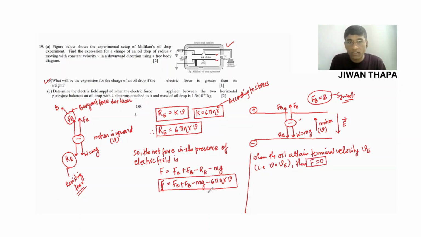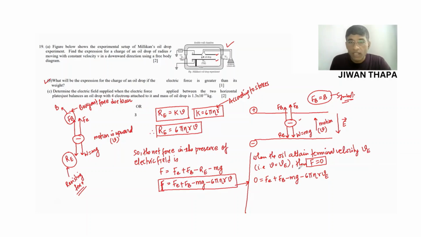The net force is 0. Therefore, from this expression we can write 0 equals Fe plus Fb minus mg minus 6 pi eta R Ve.